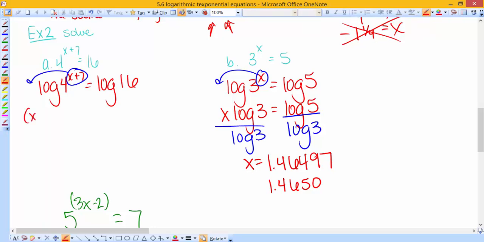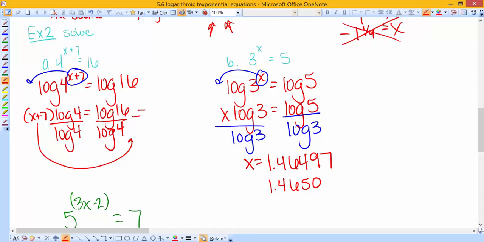So you have x plus 7, log of 4 equals the log of 16, divide by log of 4, and then you would subtract the 7. So in your calculator, you would do the log of 16 divided by the log of 4, hit equals, and then subtract 7, and you still get the same answer.